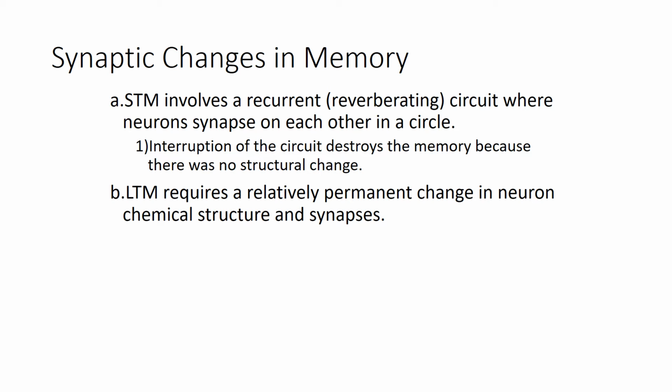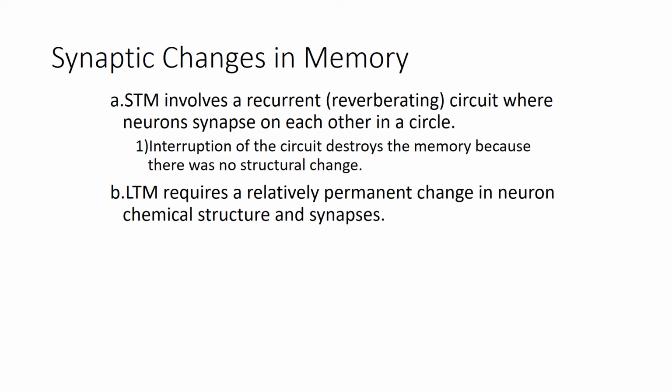Long-term memory requires a permanent change in the neuron's actual structure and synapse. We'll have protein synthesis that's required for the consolidation of this memory trace.